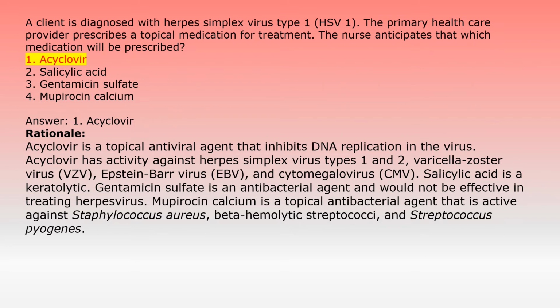Salicylic acid is a keratolytic. Gentamicin sulfate is an antibacterial agent and would not be effective in treating herpesvirus. Mupirocin calcium is a topical antibacterial agent that is active against Staphylococcus aureus, beta-hemolytic streptococci, and Streptococcus pyogenes.